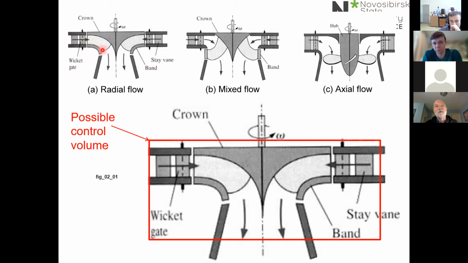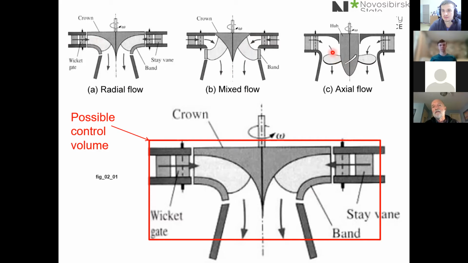Then the way in which the water interacts with the blades tells us what type of turbine it is. If the water goes past the blades primarily in the radial direction, we call it a radial turbine, radial after radius. If the flow direction changes substantially as we go through the turbine, that is a mixed flow turbine.